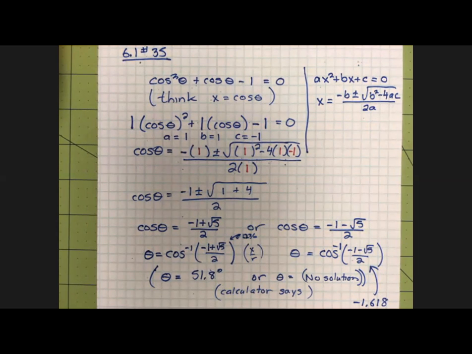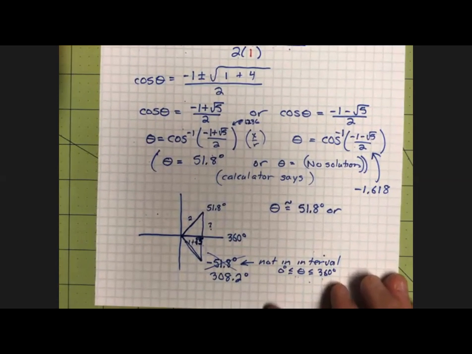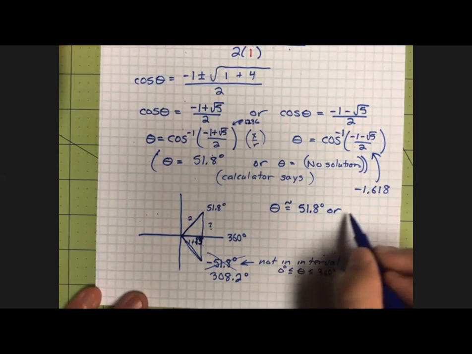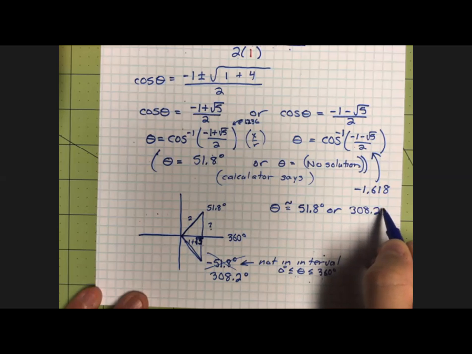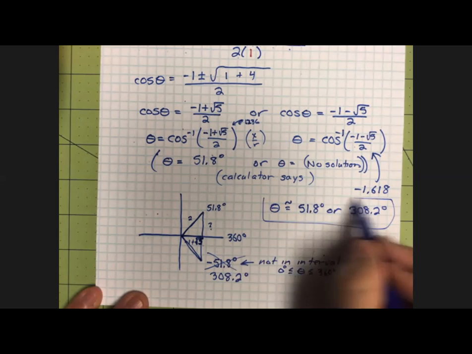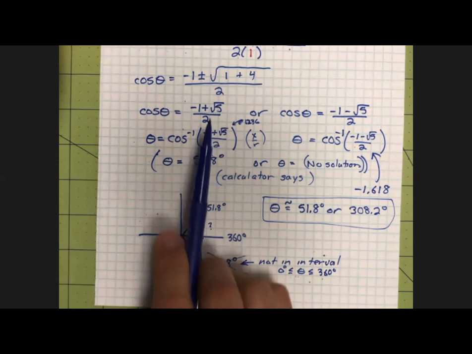So approximately, and tell people you're approximating if you are, you have 51.8 or 308.2. Okay, that was a more realistic problem because I had to use the quadratic formula.